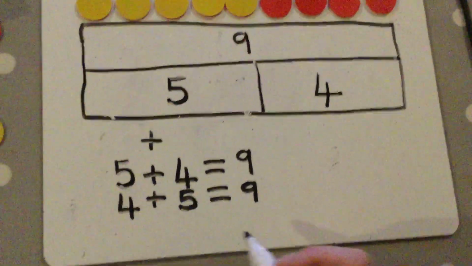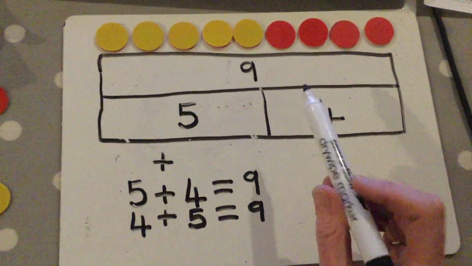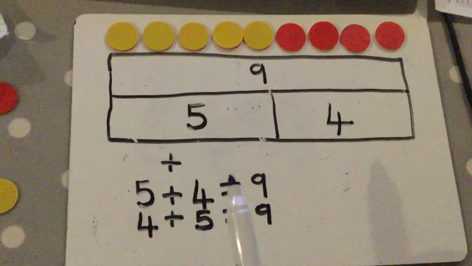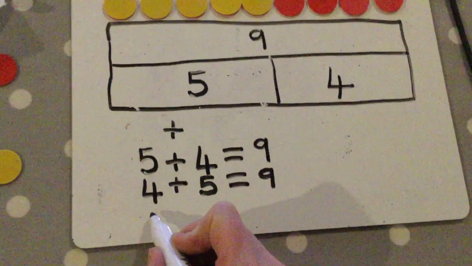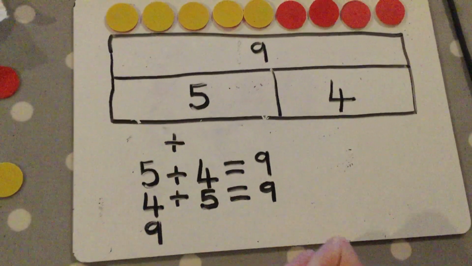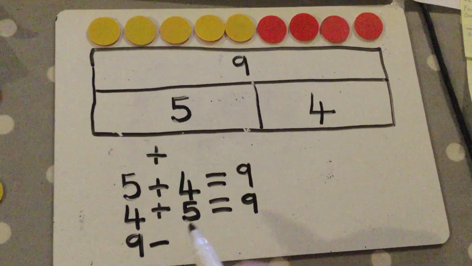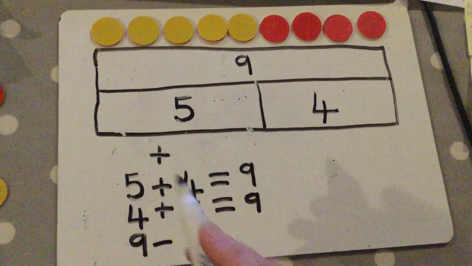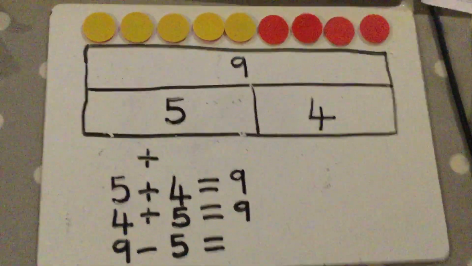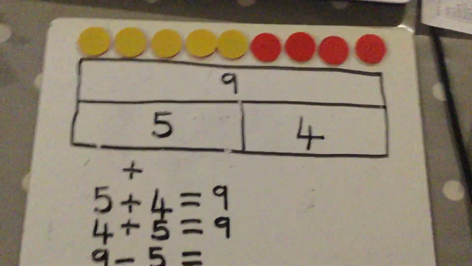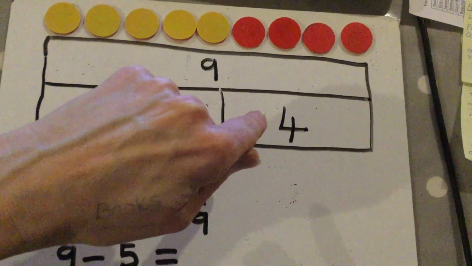Now I'm going to think about my subtraction. When I'm thinking about my subtraction, I want to start with my whole and then I'm going to take away one of the parts. So I'm going to start this time with my 9 counters. I'm going to subtract my 5 yellow counters first. So subtract 5 is equal to, remember if I took away this part here, I would have just this part left.